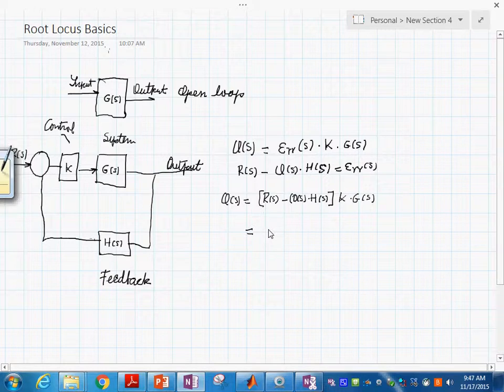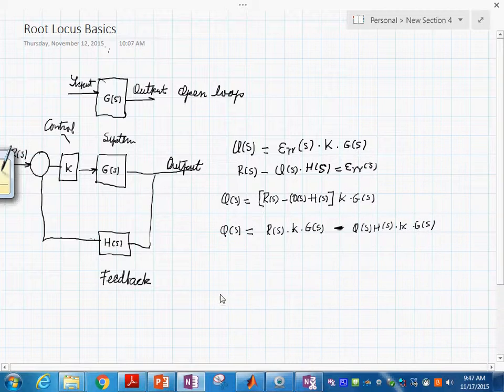So this would be r of s times k times g of s is equal to, excuse me, this was output of s like this, minus output of s times h of s times k times g of s.